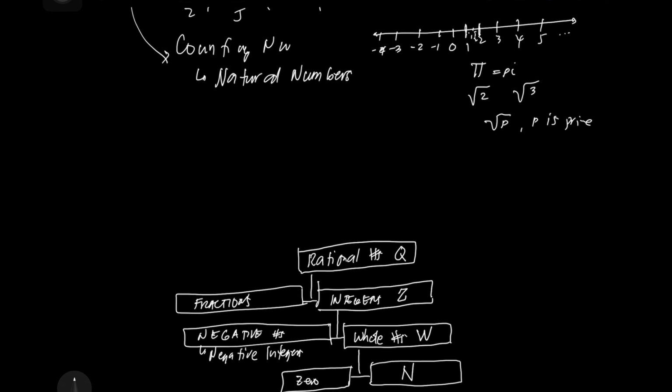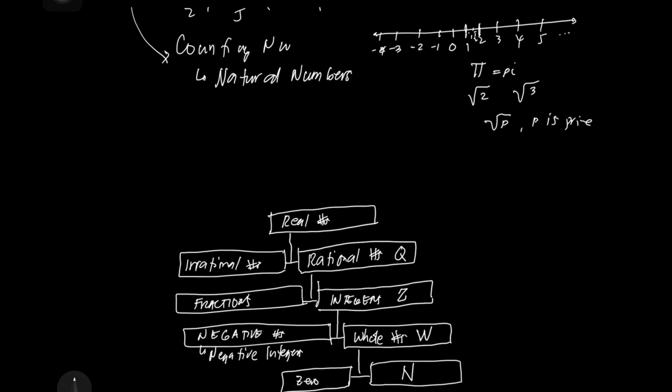These numbers also exist in the real line, and are called irrational numbers. If we get the union of the irrational numbers and the rational numbers, that's the real numbers, denoted by capital R.